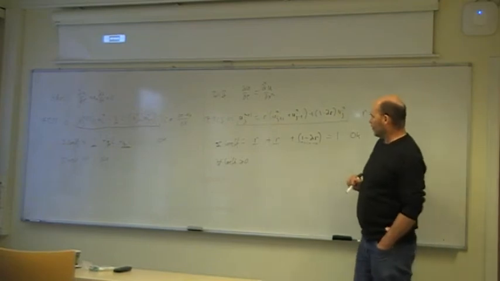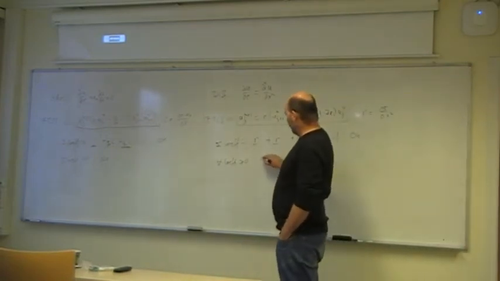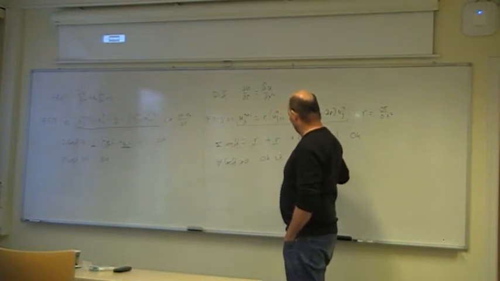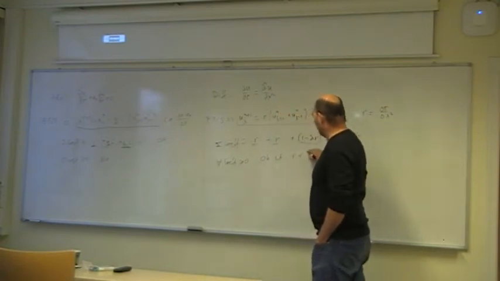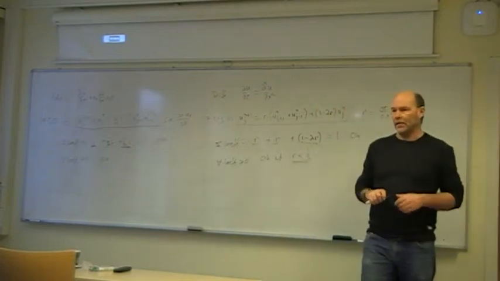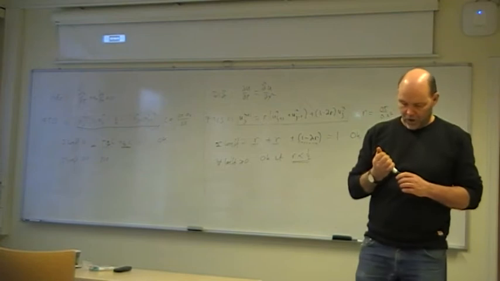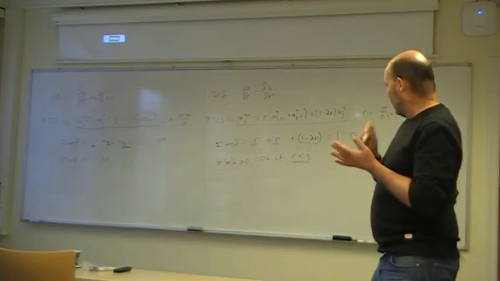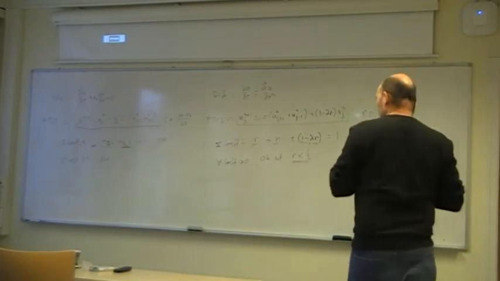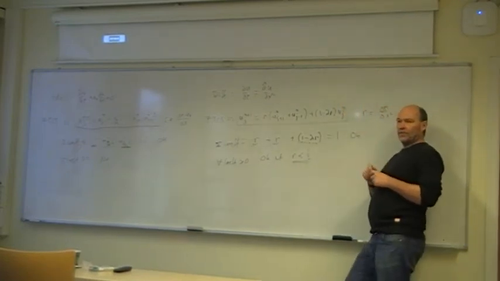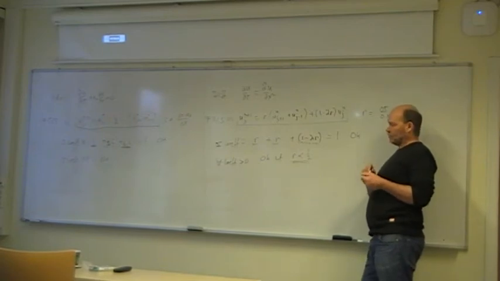But it is positive if r is smaller than 1/2, which is exactly the same stability criteria that we found from the von Neumann analysis. So here, not only did we find a necessary criteria, we even found the sufficient criteria, the exact criteria.